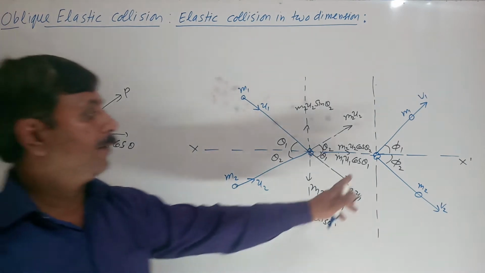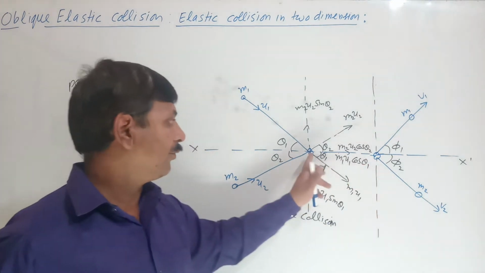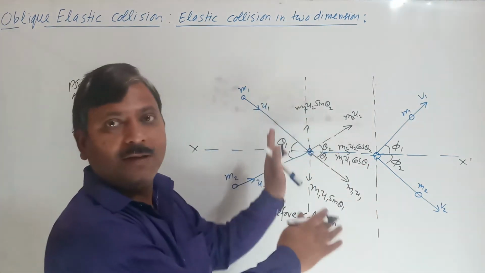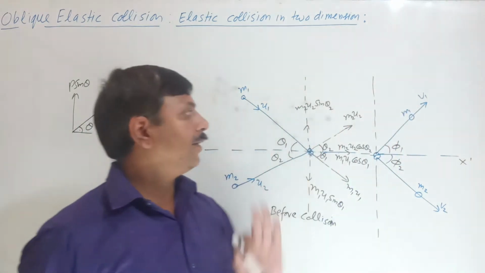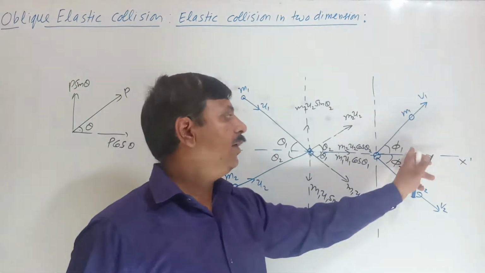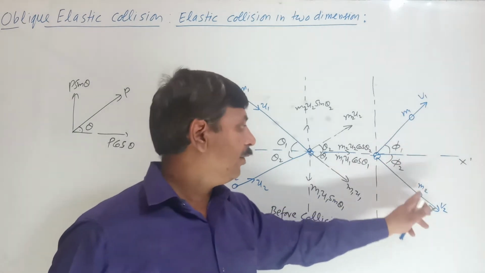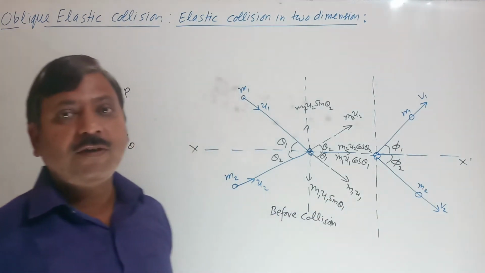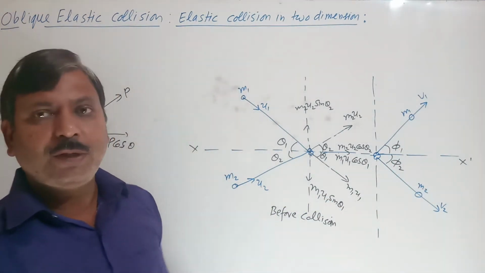After collision, what happened? Actually they will separate from here; only I have shown it here. Velocity is v1, making an angle phi 1, and velocity is v2, making angle phi 2. What are the components?